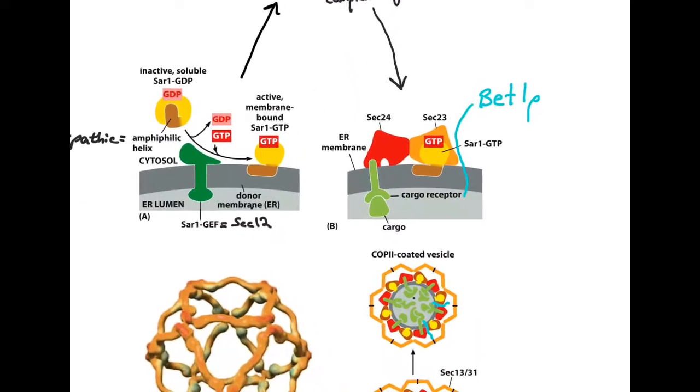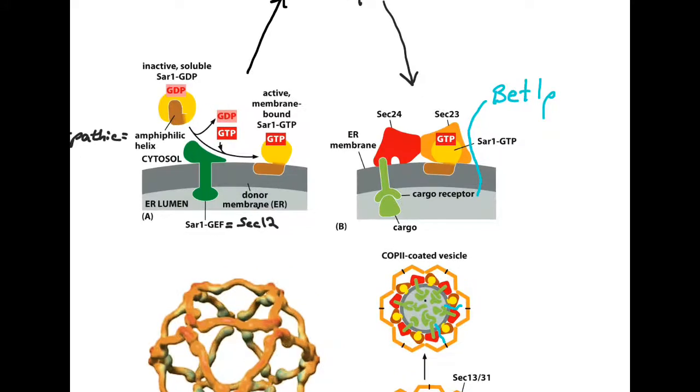So that brings us down to this part of the diagram from your text, and this is just two of what are going to be many of those Sec23, Sec24, SAR1P complexes, now with cargo receptors bound to it.